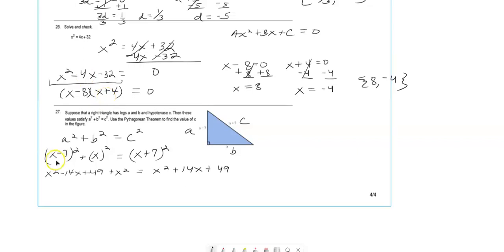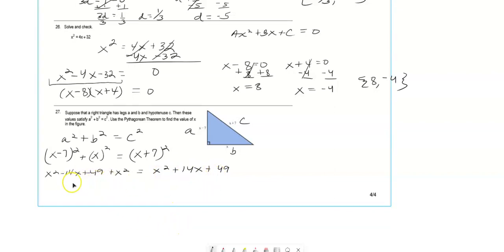So multiplying x minus 7 squared gives me x squared minus 14x plus 49. And we already have the plus x squared here. On the other side, multiplying out x plus 7 squared, that gives me x squared plus 14x plus 49.